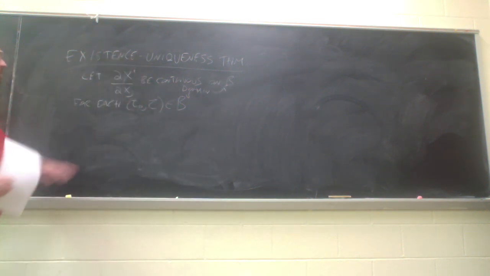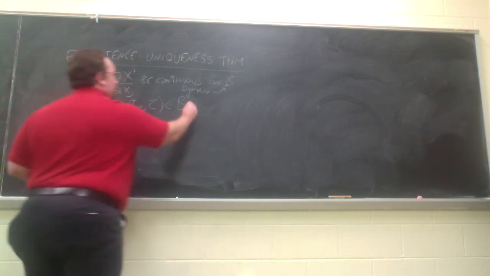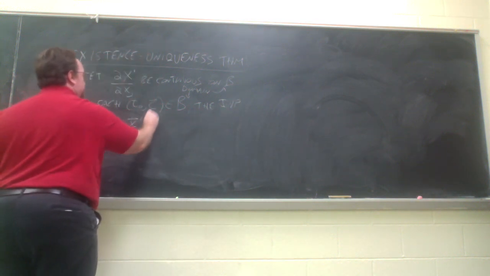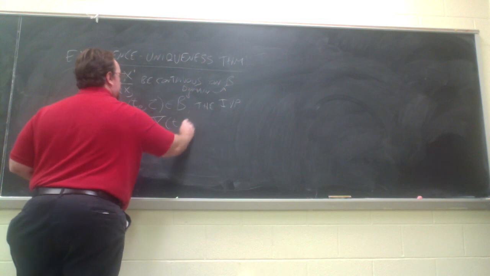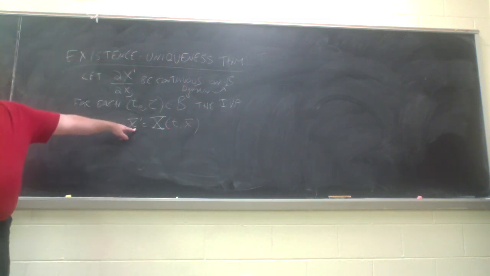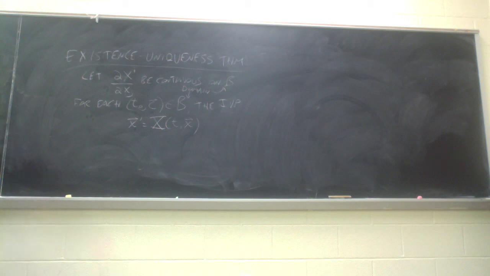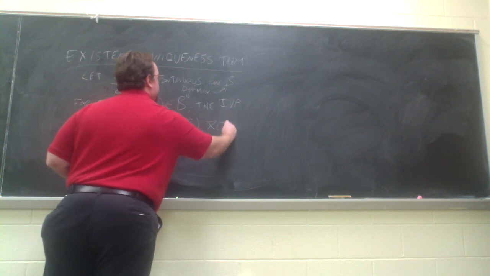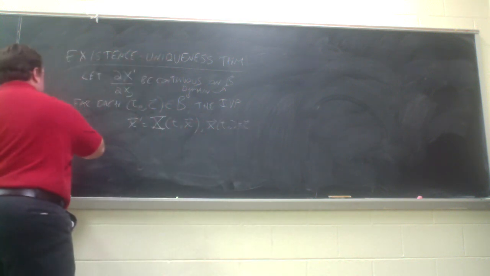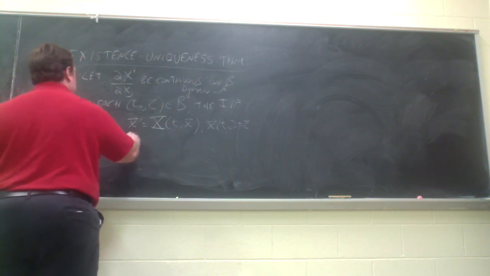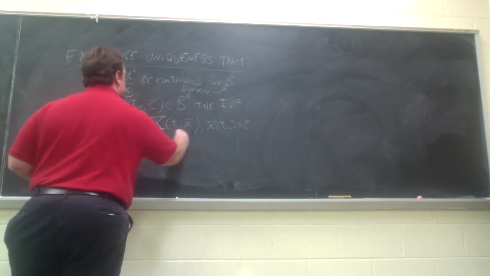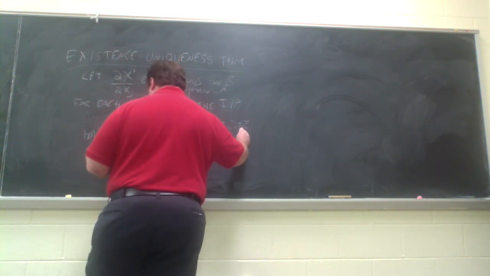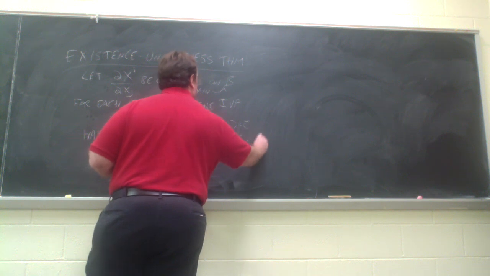Okay. So for each initial point, the IVP x prime is equal to big X of t, little x, and in the notes, I forgot the dang prime, but something you guys are used to seeing by now, with this initial condition, x of t naught equals c, has a unique solution, at least near this point in your domain.